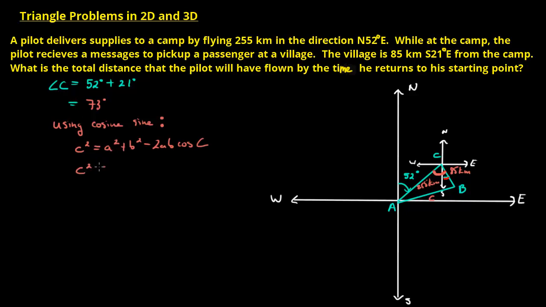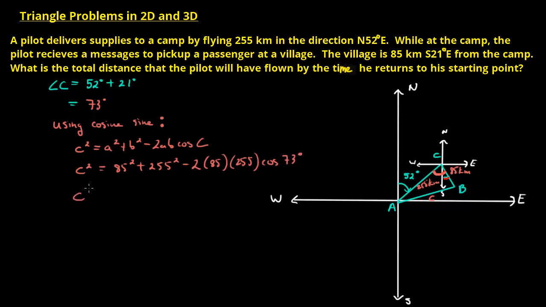We know what angle C is, we know what A is, and we know what B is. So C squared is equivalent to A squared, which is 85 squared, plus B squared, and B was 255, so plus 255 squared, minus 2 times 85 times 255 times the cosine of 73 degrees.